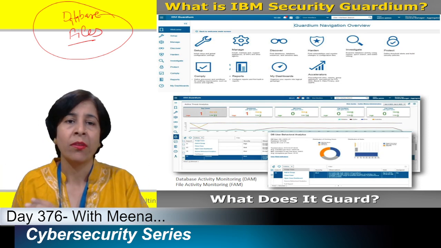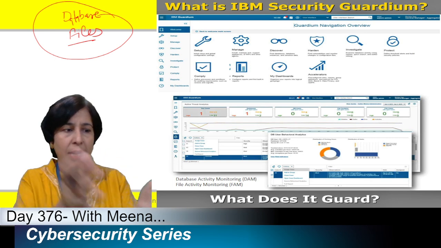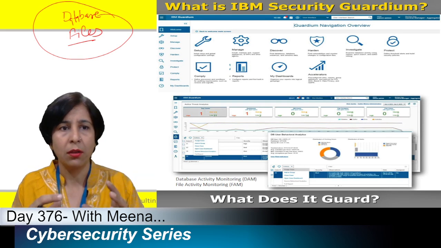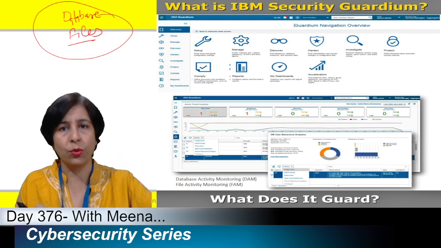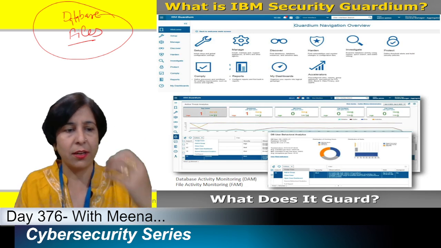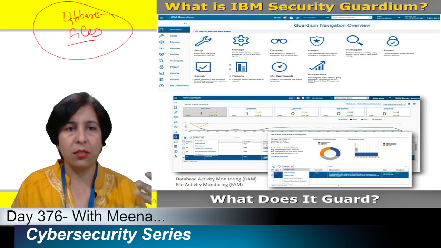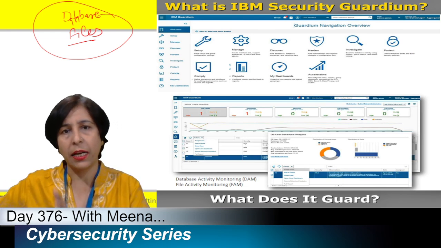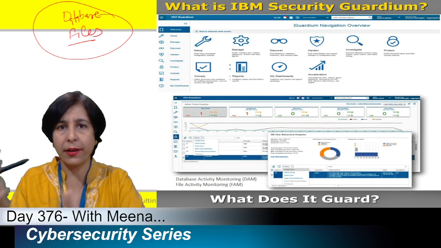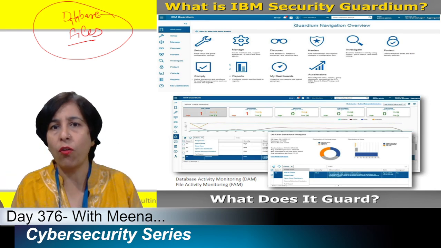After this discovery, it decides in which category the data should be put. We have defined categories: this is sensitive data, this is publicly available data, and some other categories. It will categorize the data into those, and it also offers a variety of policies.